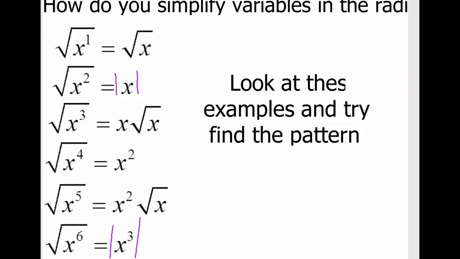X cubed is really like x squared times the square root of x. So you get x square roots of x with no absolute value. The square root of x to the fourth is x squared. So in order to simplify, we're simply dividing the inside variable value by 2.